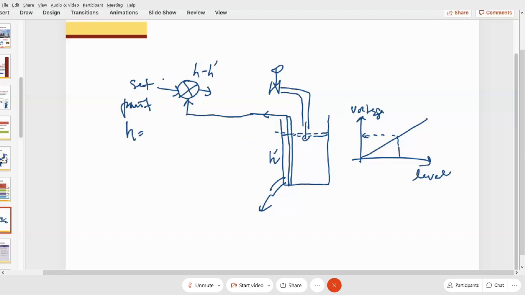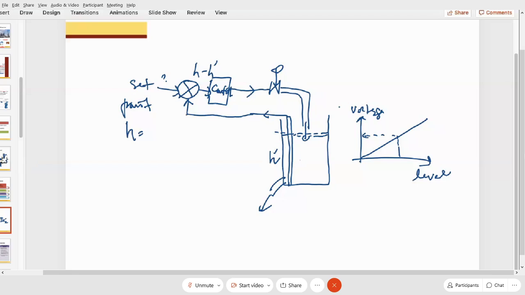So this set point we can change to an electrical signal, because the next component that you have may be a controller, maybe an amplifier, which will be electrical components. So this controller output will go to your valve or maybe a motor to turn on the valve or to turn off the valve, depending on the level of this tank.